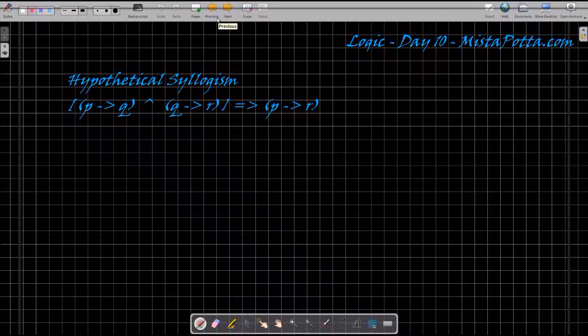It's a very, very long name, and what's different between what we've done with the other arguments is that we actually do have two different conditionals. In other words, our second premise is another conditional.